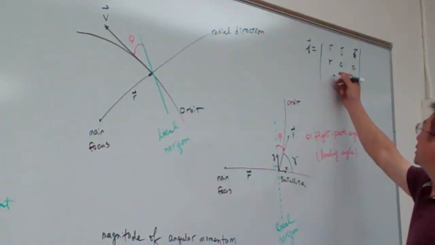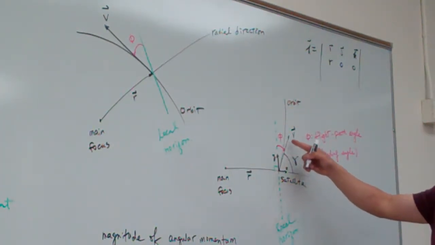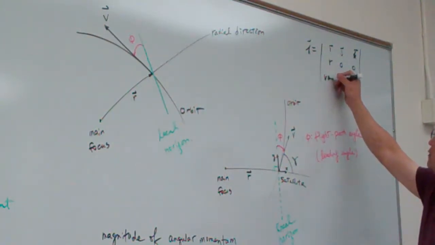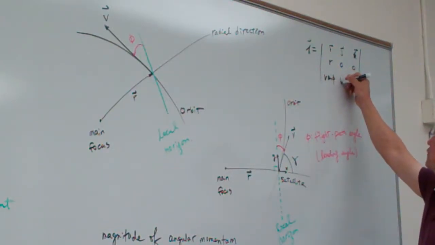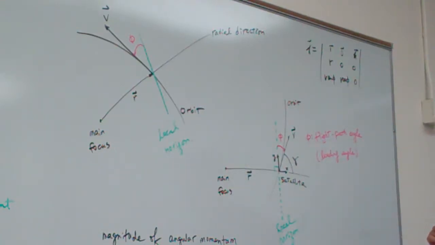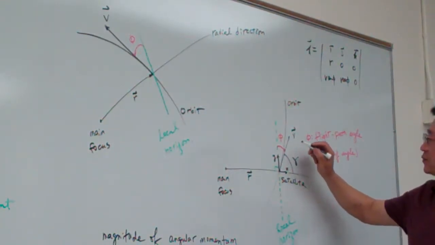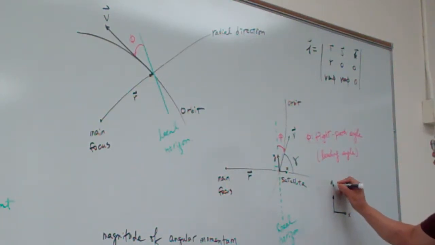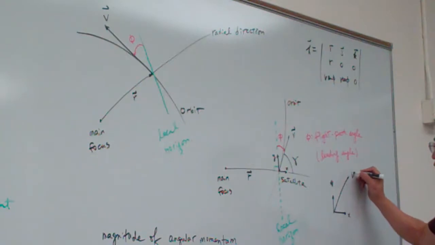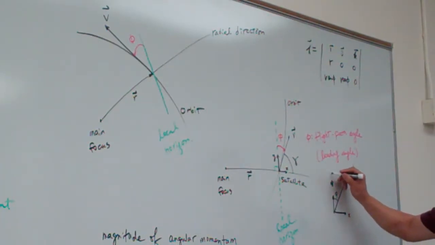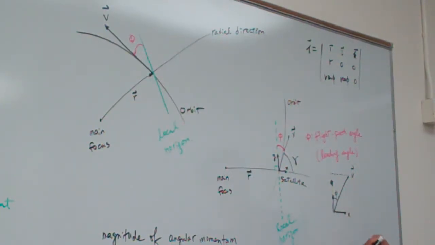And v, in terms of the local coordinate system, has components v sine phi, v cosine phi, 0. Can you see it? You simply project the v. Here are the x and y coordinates, and this is our v, and this angle is phi, so you can see the projection of v onto the xy coordinate system.